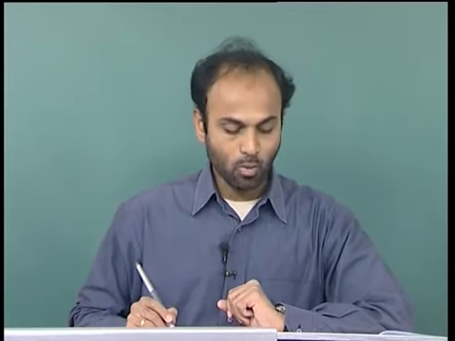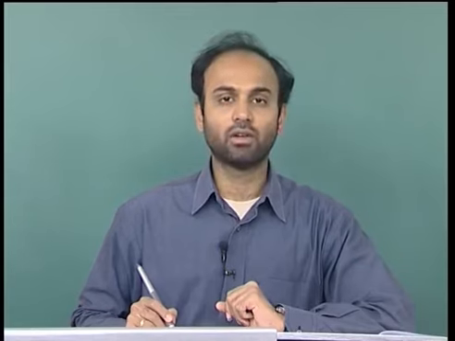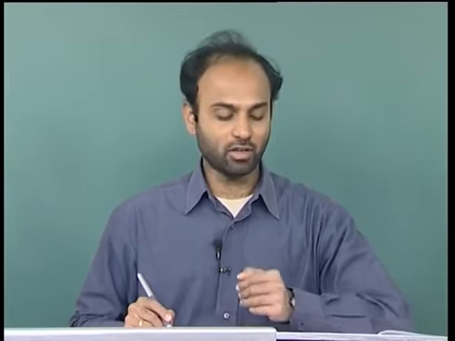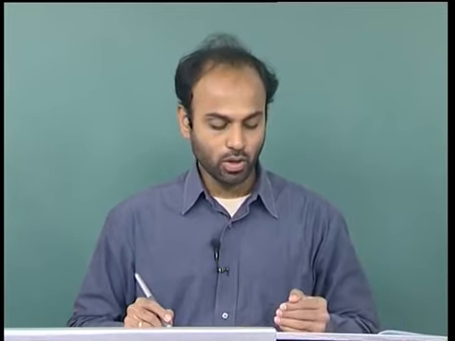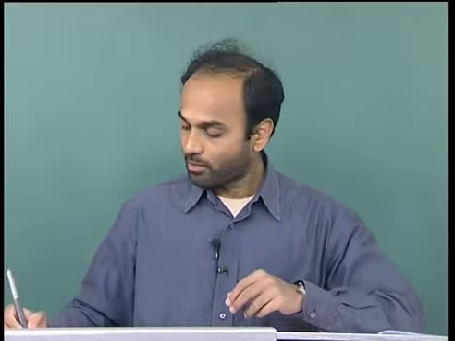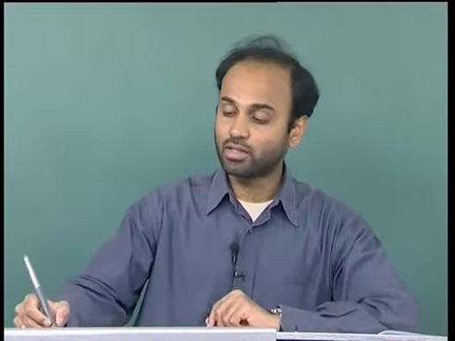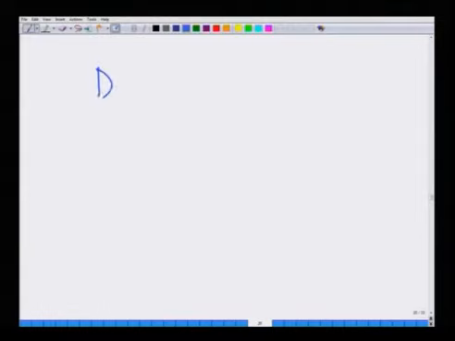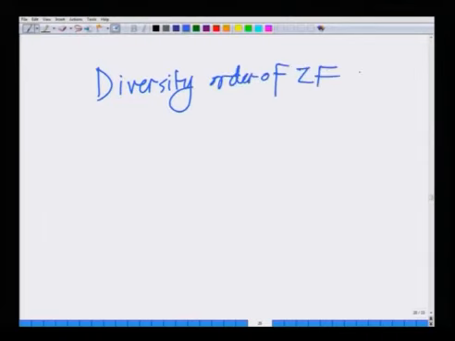Now, what is the disadvantage of these inverses and pseudo inverses? First, let me talk about the diversity order of this ZF receiver. We are not going to derive this. The diversity of ZF is R minus T plus 1.